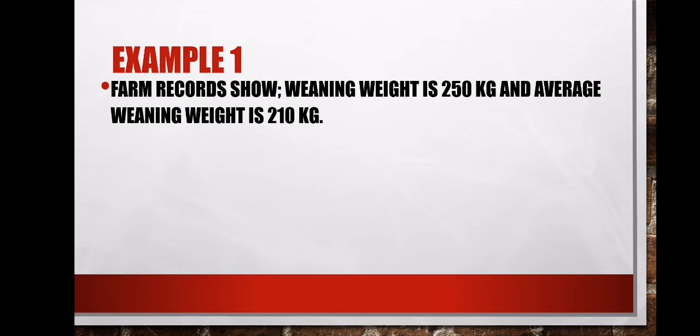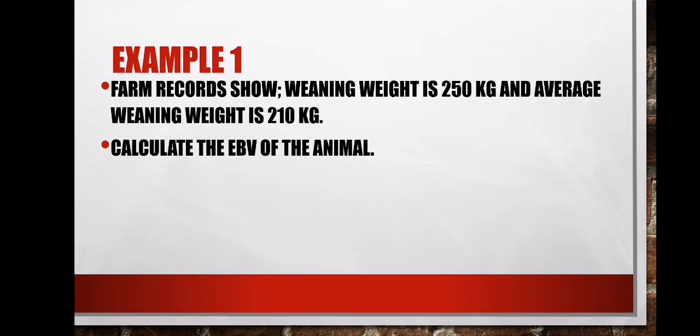Then they give us something for us to calculate. Let's see what we can calculate here. The question says, calculate the EBV of the animal. Do you see that the question ends there? They never say calculate the EBV of slaughter weight, or calculate the EBV of meat tenderness.